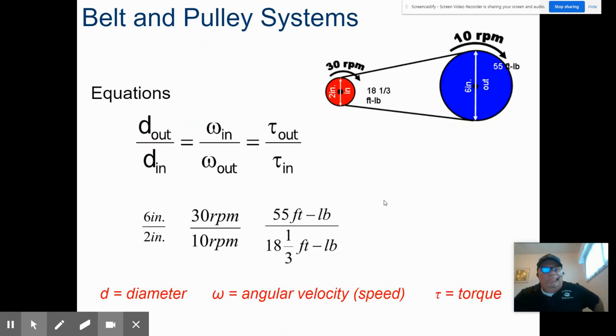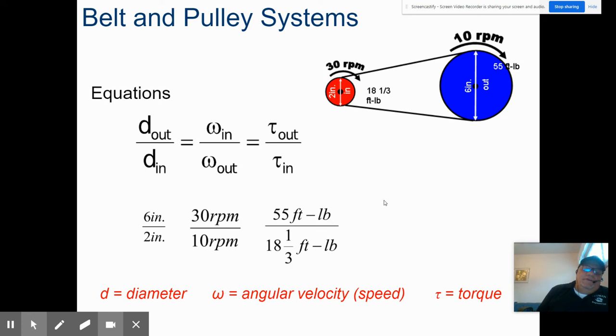And we look at belt and pulley systems. Here we're looking at diameter out over diameter in, and angular velocity in. Remember, the angular velocity is in over out, and the torque is out over in. So here the input is 10 RPM, revolutions per minute, and the output is 6 inches.